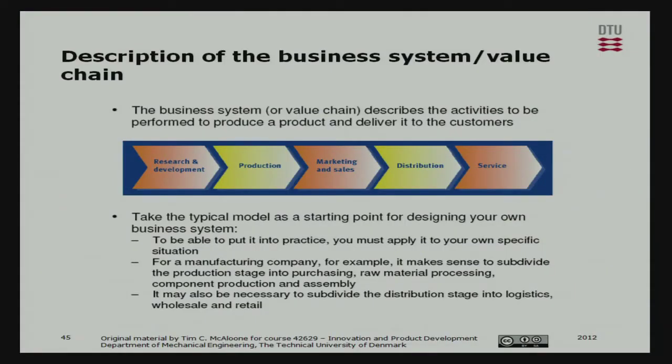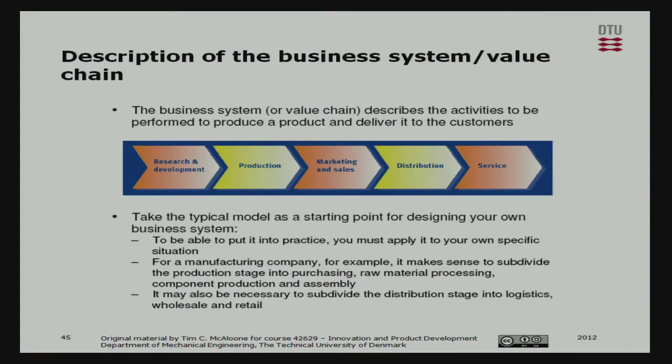One way in which you should try and consider describing your business is with the help of some sort of model of what the business system is and how your business maps onto this. It could be as generic as this, a value chain here: research and development, production, marketing and sales, distribution and service.